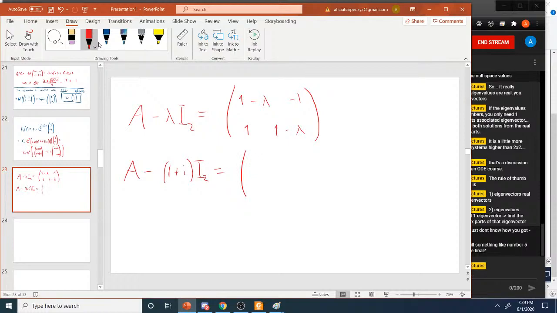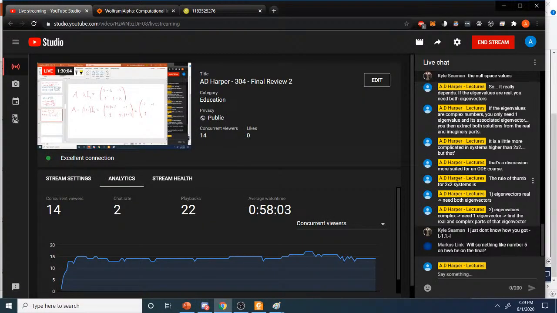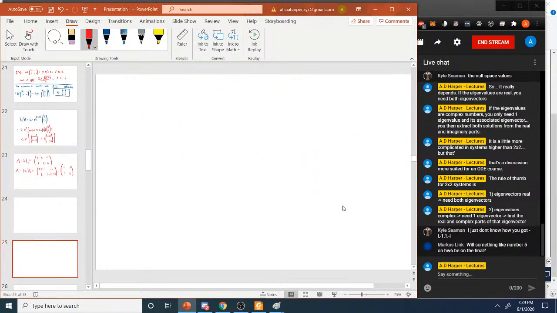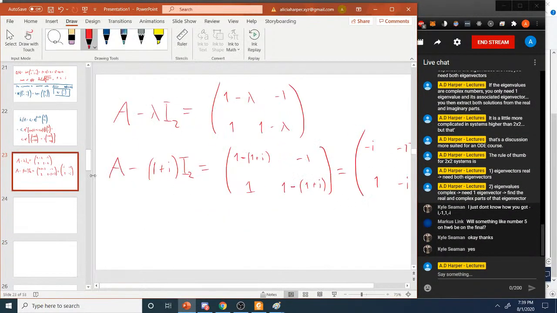And this is the same thing as 1 minus 1 plus i, negative 1, positive 1, and then 1 minus 1 plus i. And then this is going to be the same thing as negative i, negative 1, 1, and negative i. So is it clear what I'm doing, Kyle? Okay.